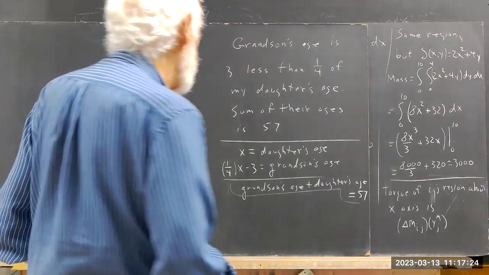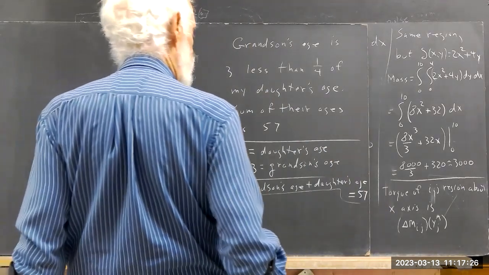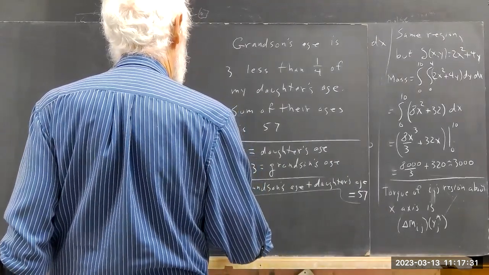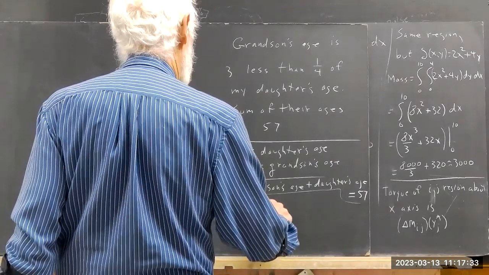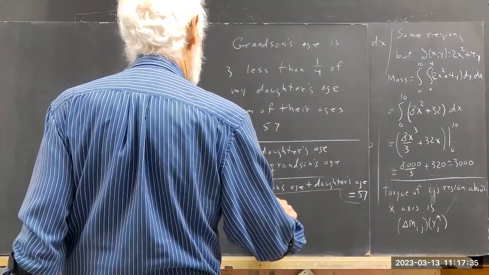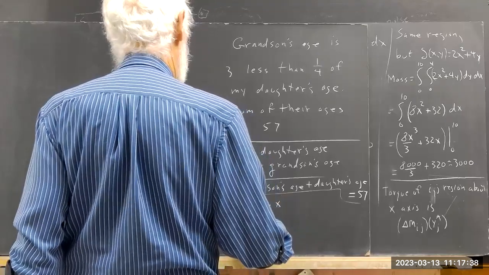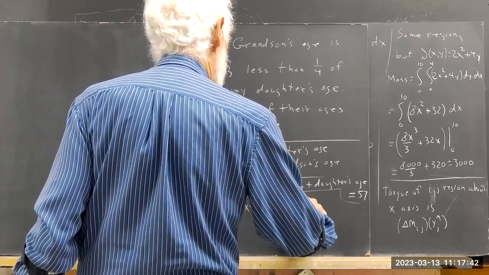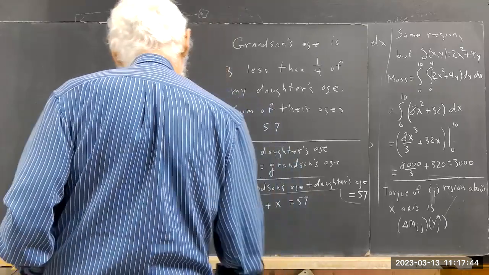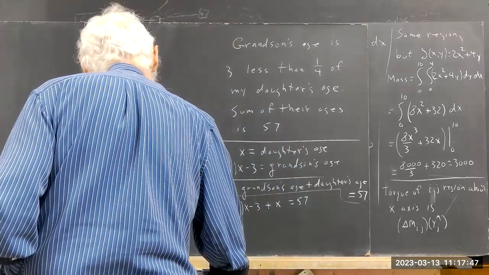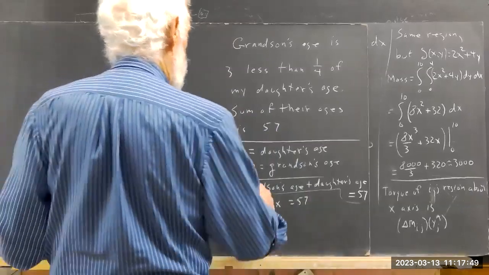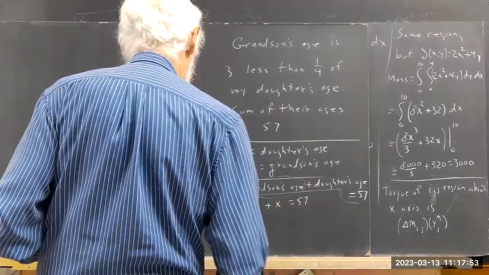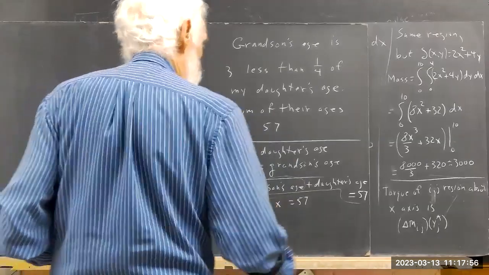That way, you'll write this as one-fourth of X minus 3 plus X equals 57. I think everybody's got that, but let's make sure that we see, grandson's age is here, daughter's age is here.